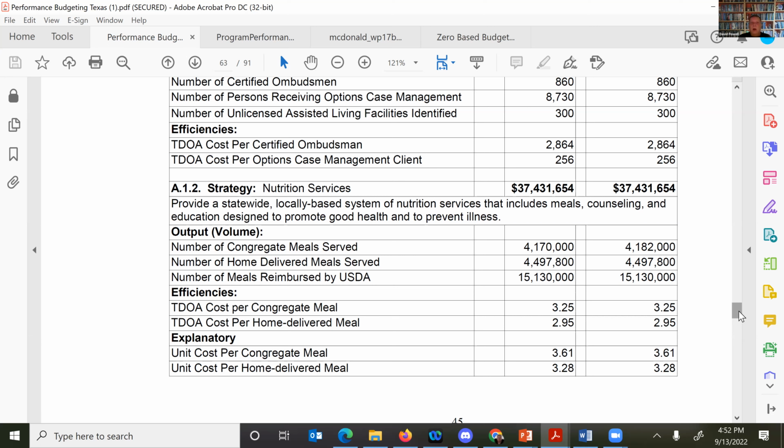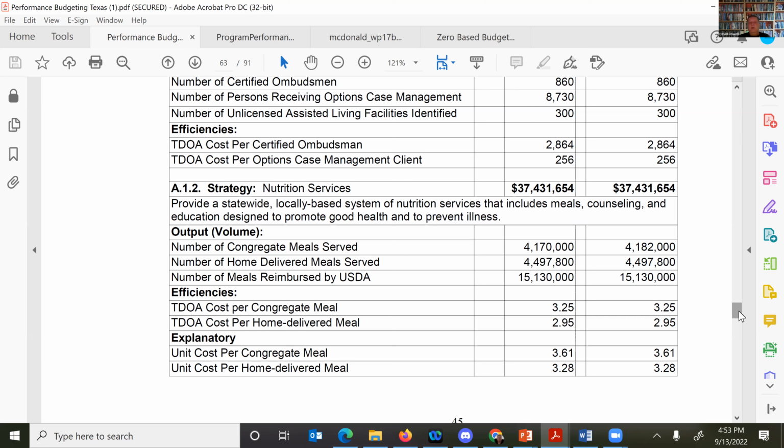We have our cost per certified ombudsman, our cost per options case management client, our cost per congregate meal. We have some actual empirical indicators that show us how much we are spending per unit of what we are creating. So you've got a lot of performance-based measures that are built into a performance-based budget that you can then take that information and use it to better manage your organization.